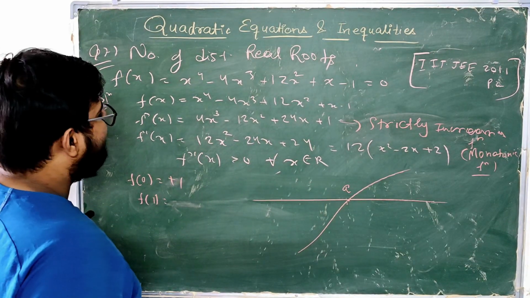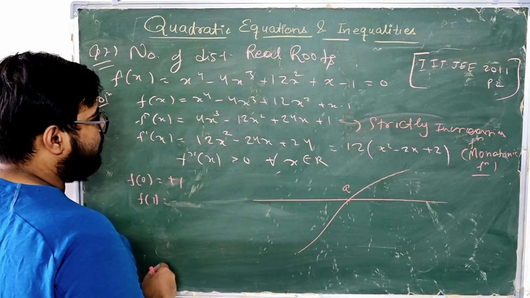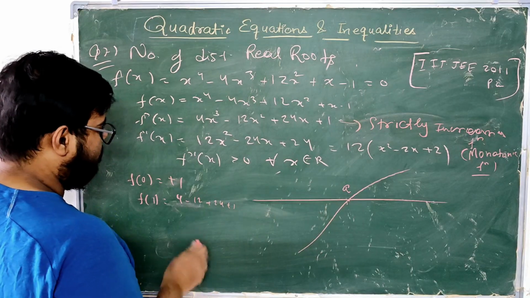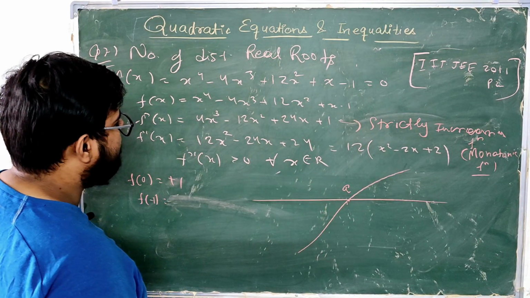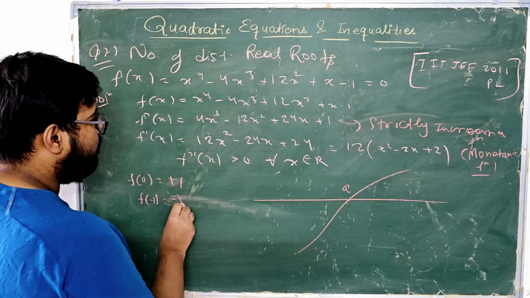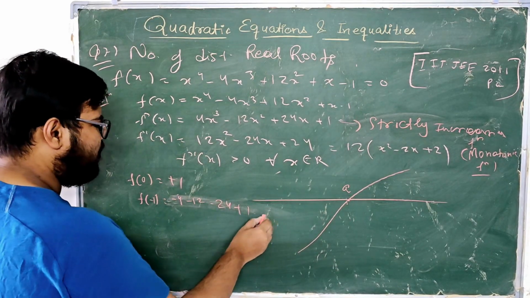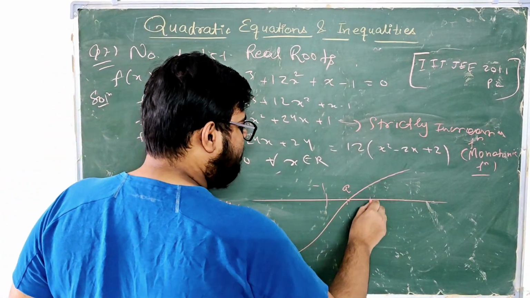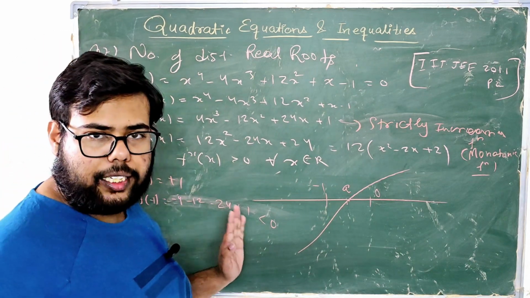Yeah, f of 1 is equal to 4 minus 12 plus 24 plus 1. No, this is a positive value. So f at negative 1 will be 4 minus 4 minus 12 minus 24 plus 1. Of course, it is less than 0. So a is lying between negative 1 and 0. So whatever value it is, we don't care about that.